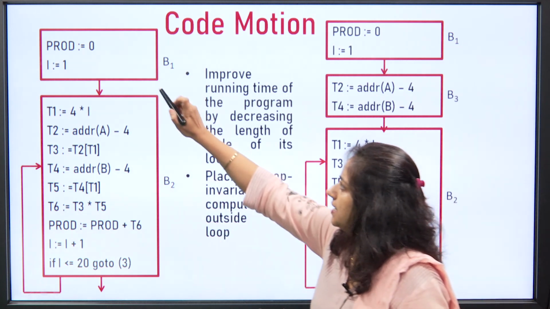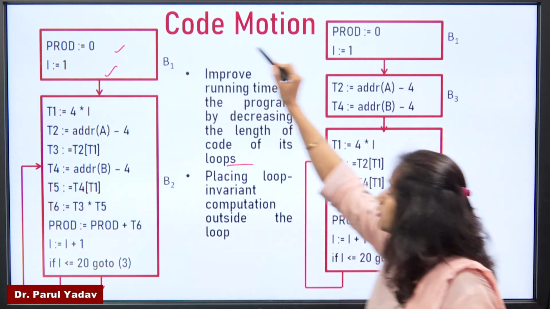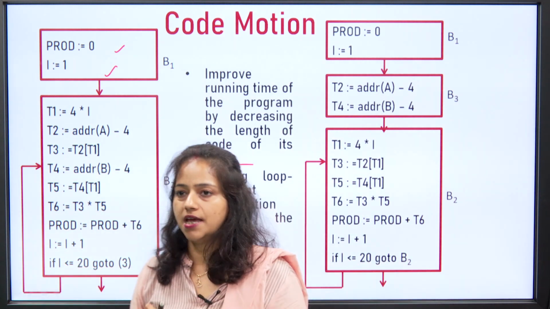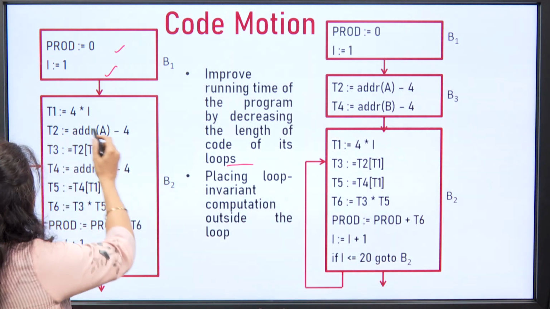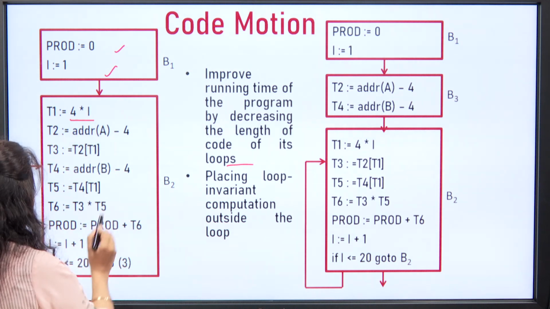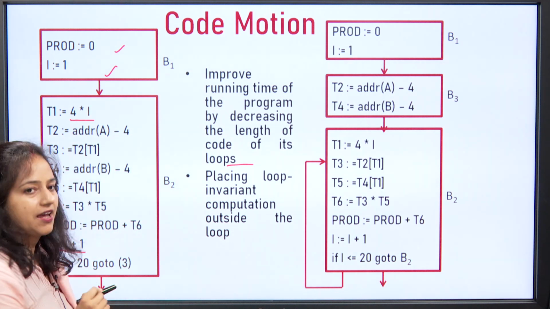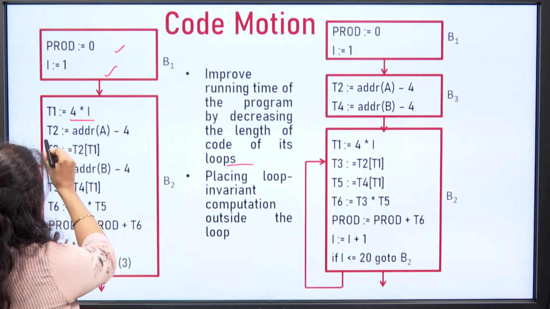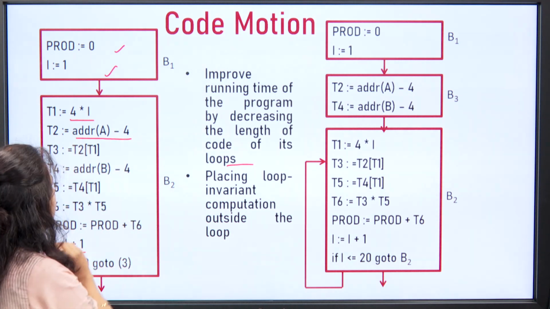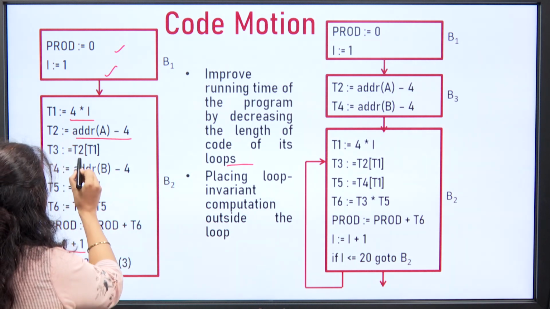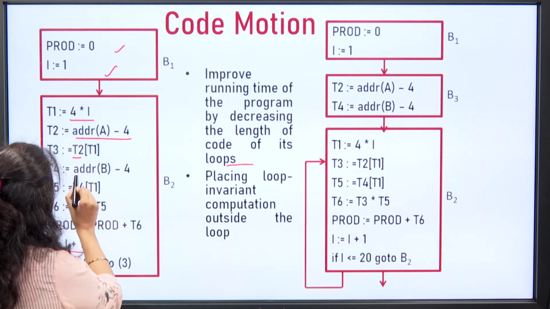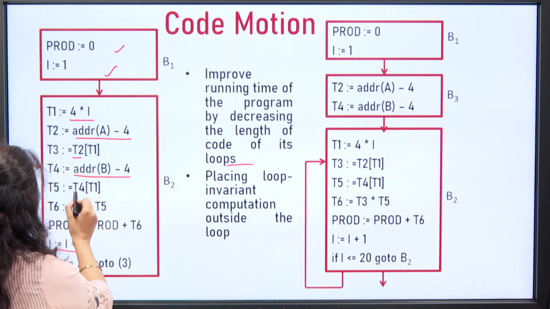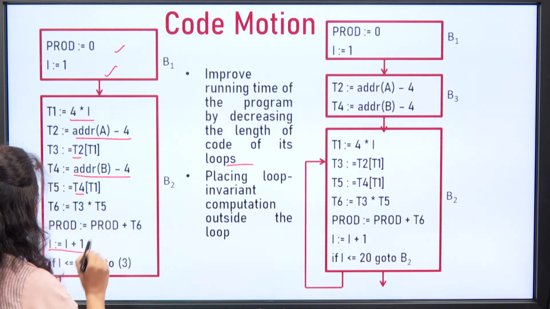So, here we see that product 1 and I1 are okay, and in B2 there is a loop. Here T1 is equal to 4 into I, and I is updated in every iteration, so this needs to be kept in the loop. Now, T2 is equal to address of A minus 4, and then this is used over here, then T4 is equal to address of B minus 4, which is used here, and after that there is no use of them.